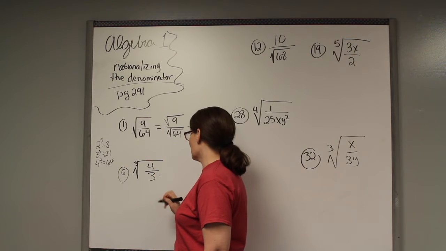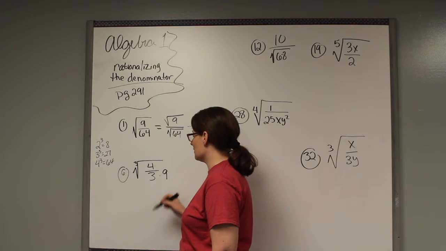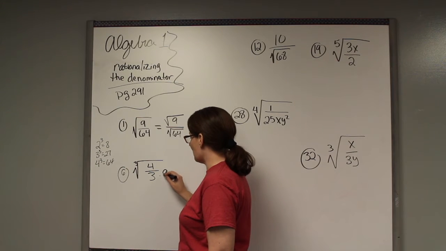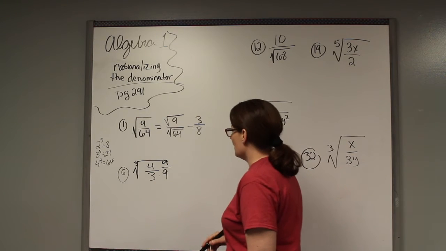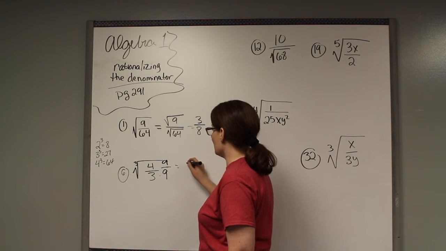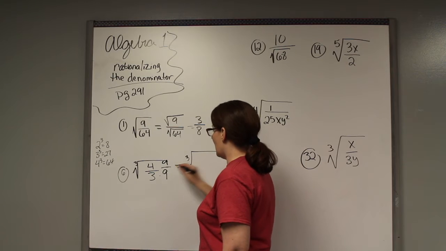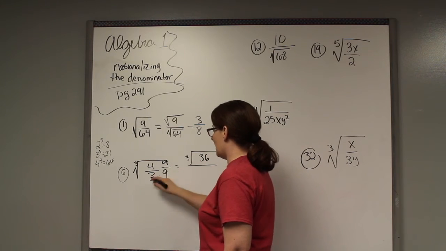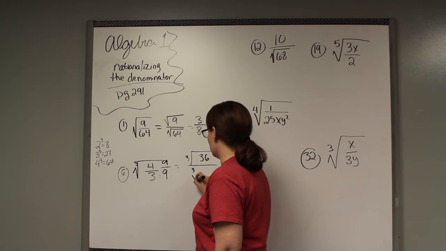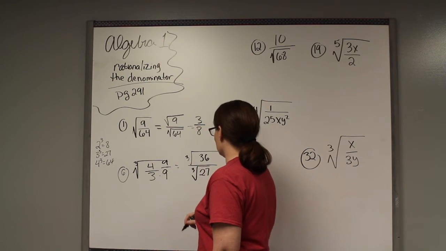Well, the answer to that would be 9, right? 9 times 3 is 27. Whatever I multiply the bottom by, I have to multiply the top by it as well. So when I rewrite this, 4 times 9 is 36, and 3 times 9 is 27.